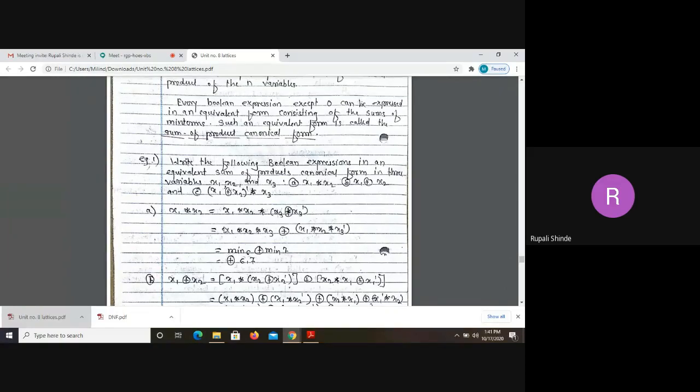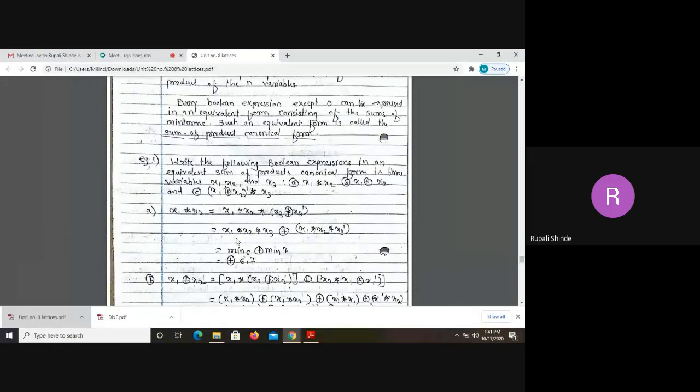Now we have to transform this in terms of minterms. We have to write the answer in minterms. So first of all we have to convert this into binary format. For that purpose we have to write 1 if the variable is in its original form, and we have to write 0 if the complement of the variable is given.